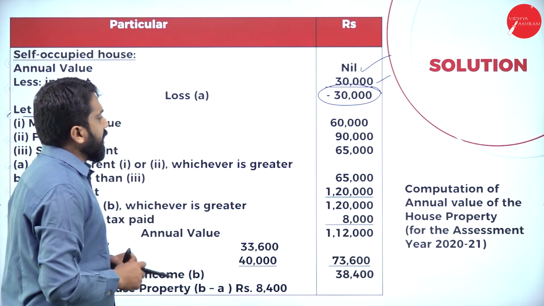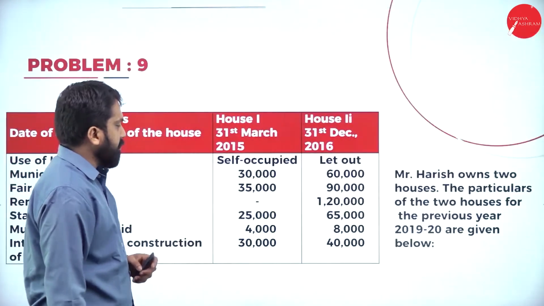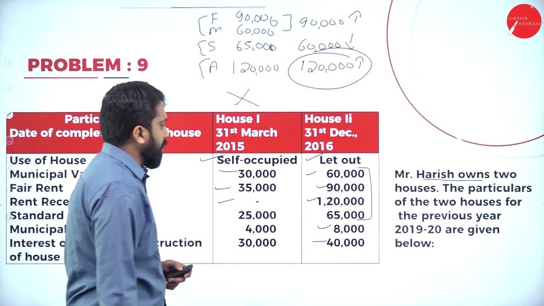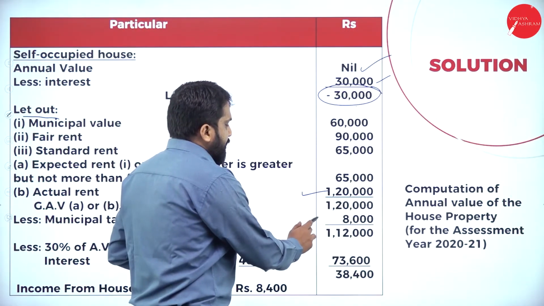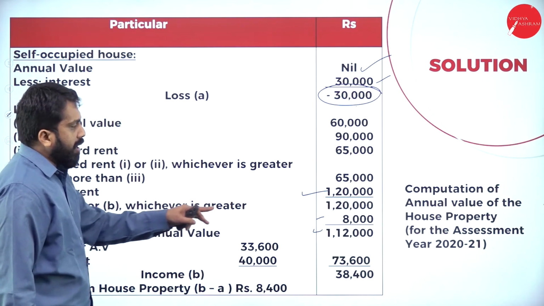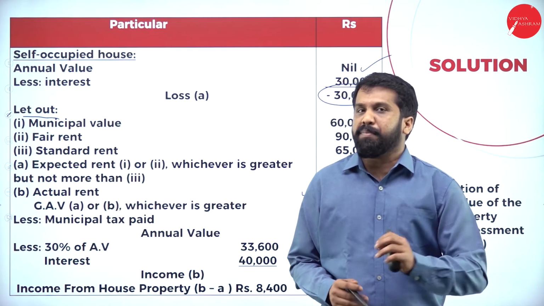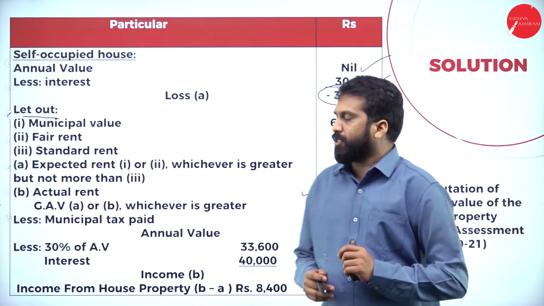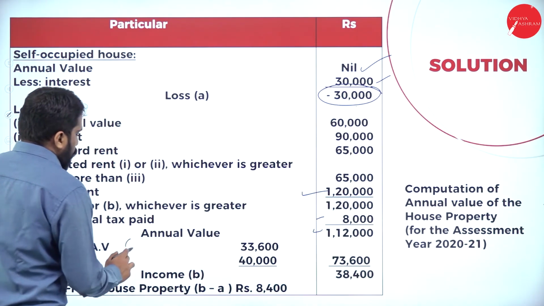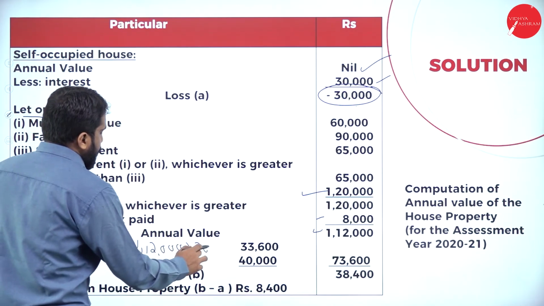Now, 1,20,000 you got. Out of 1,20,000, how much tax you paid? 8. How much interest you paid? 40. Now, 1,20,000 minus 8, 1,12,000. From 1,12,000, you are in positive value. So what should we do? We should calculate 30% standard deduction. 1,12,000 multiplied with 30%.